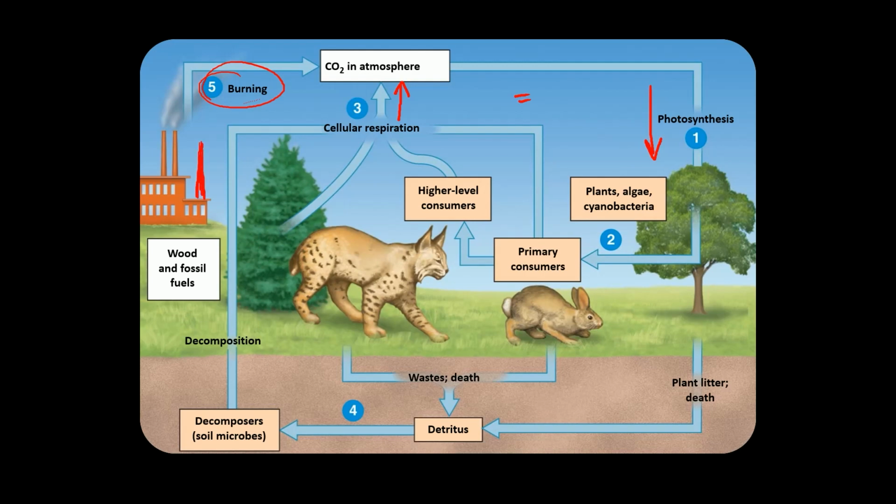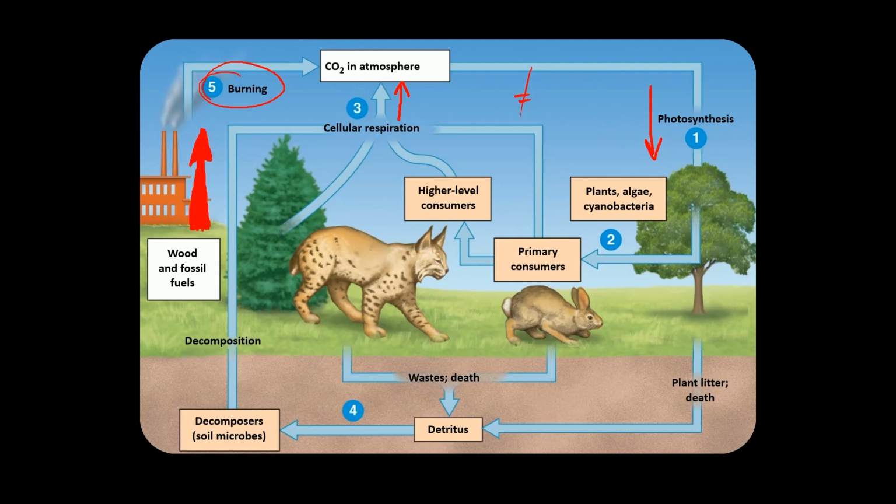Functionally, they were not participating in this exchange of cellular respiration and photosynthesis anymore. That was carbon that was removed from the carbon cycle and sequestered underground, locked away underground. But what we've done is unearthed that material, and we've been burning it and then dumping it into the atmosphere without increasing any process like photosynthesis that would remove it from the atmosphere.